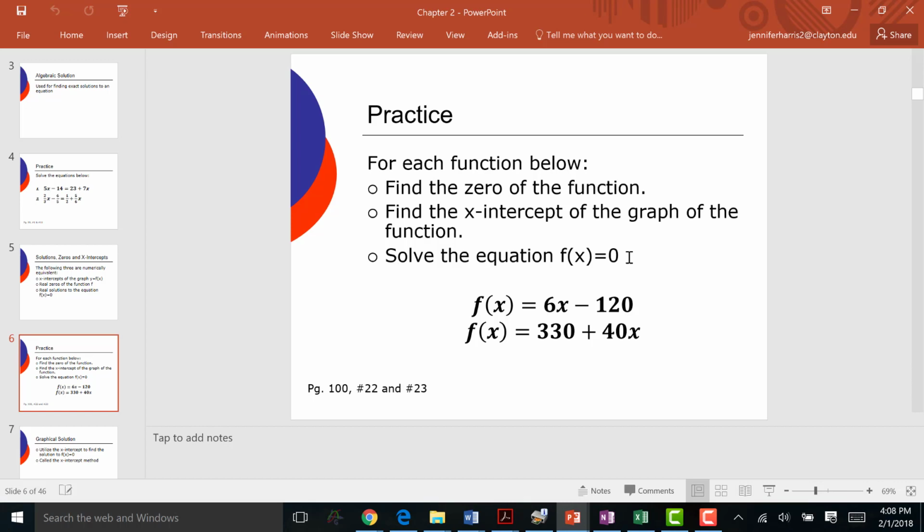So I'm going to minus 330 from both sides. Did I put the wrong number? I sure did. It's just supposed to be a zero. Set it equal to just zero. Nothing but zero. Okay, so I'm going to minus 330 from both sides. So the 330 and the negative 330 on the left side cancel out. So I'm left with 40x equals negative 330.